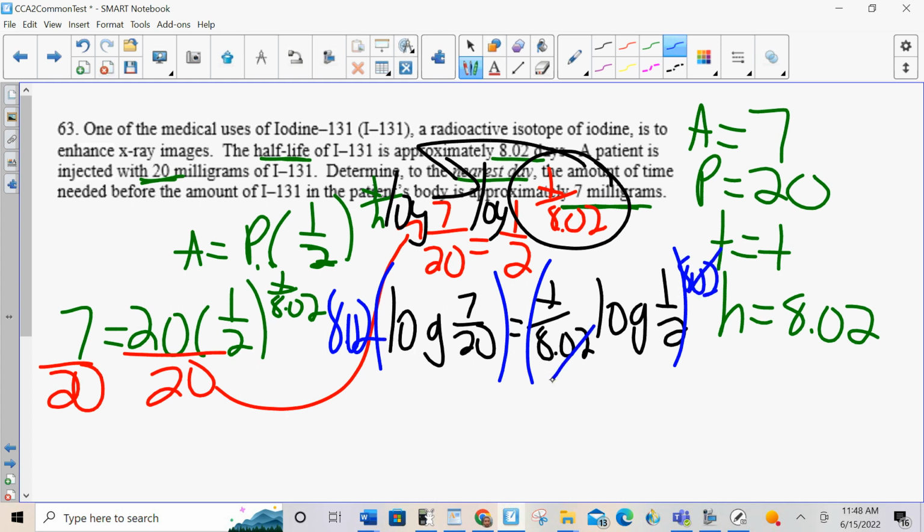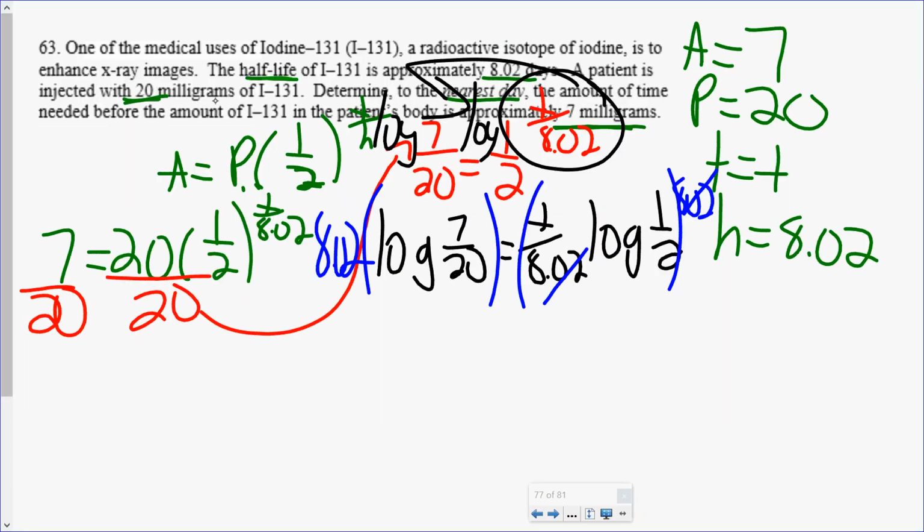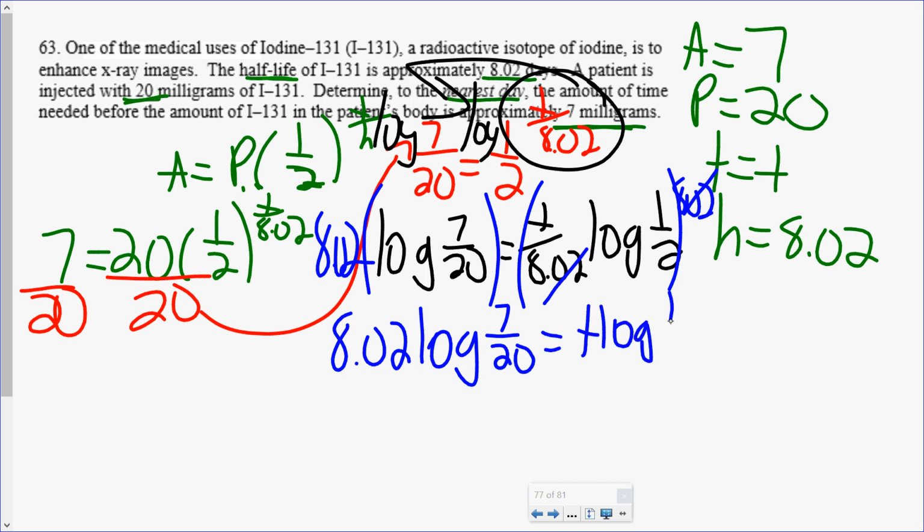I get 8.02 log 7 over 20 equals t log 1/2. Divide both sides by log half.